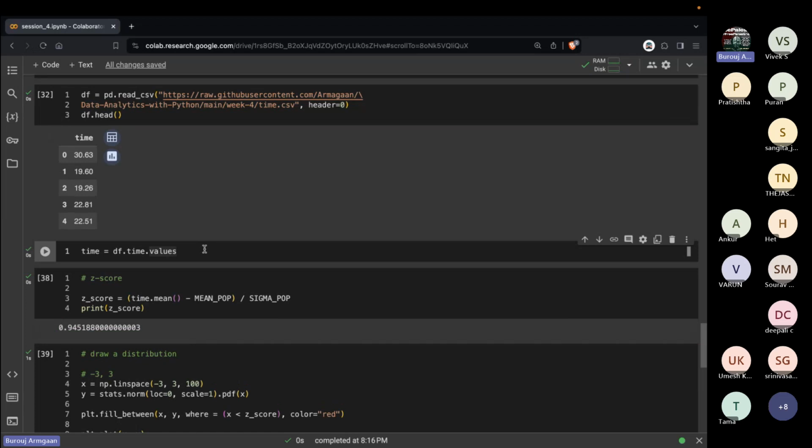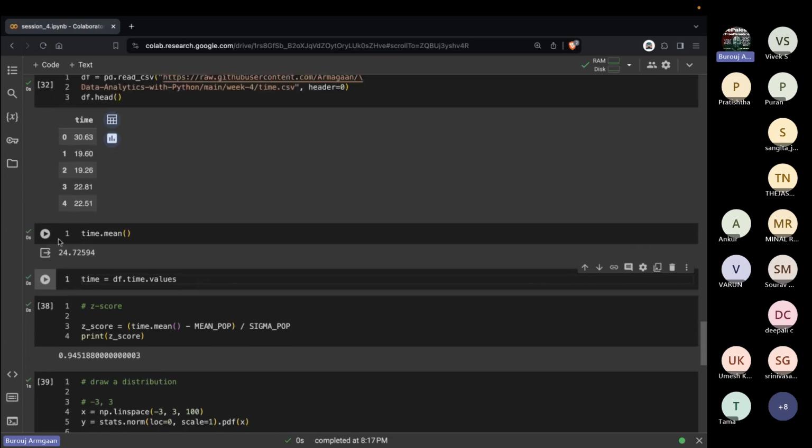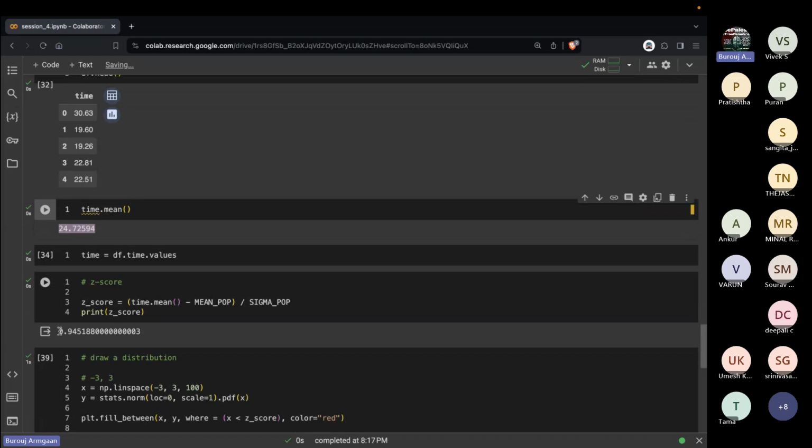If we print that out, time.mean, the alternate hypothesis says that the mean viewership time is at least 24 minutes. When we convert that to z-score, we get this.